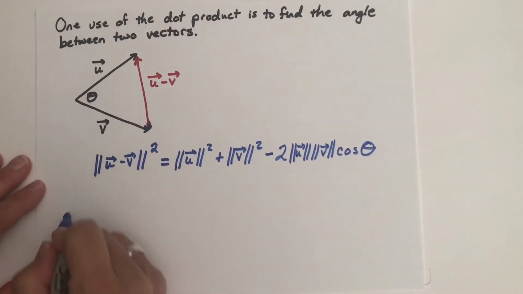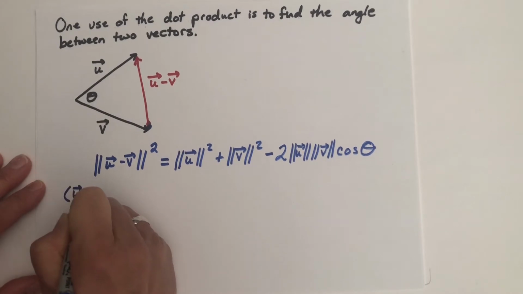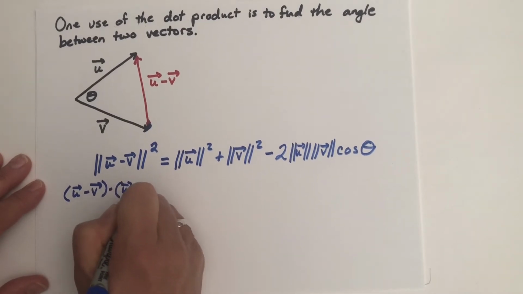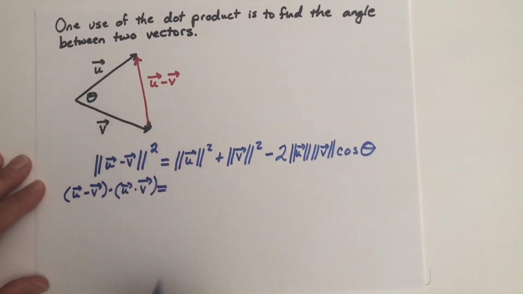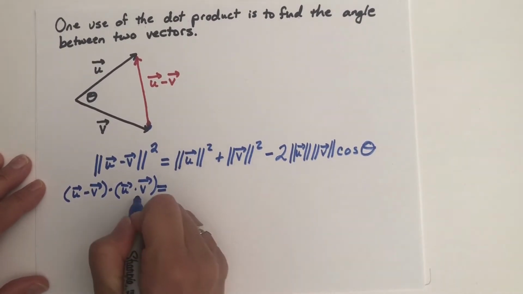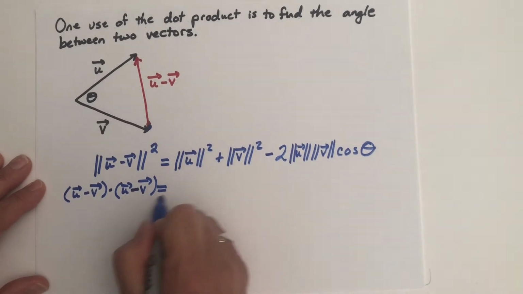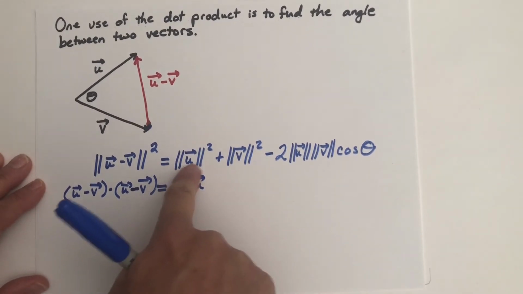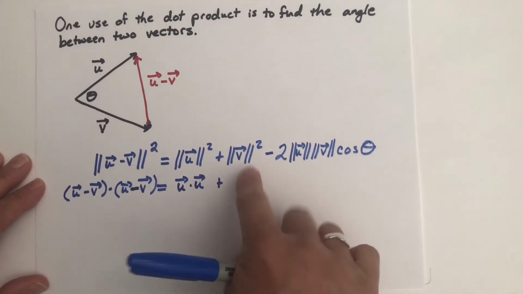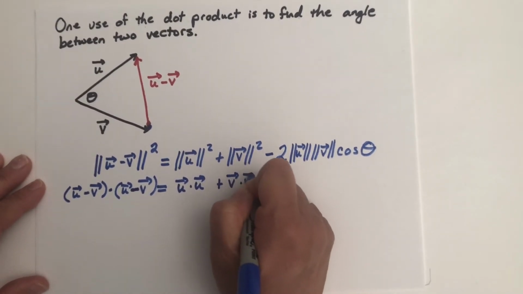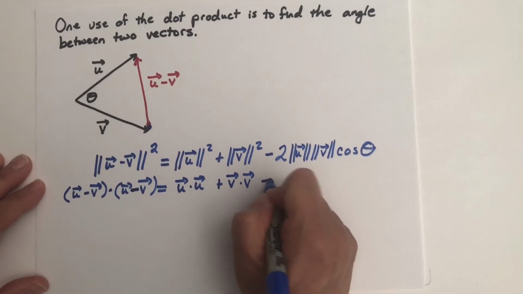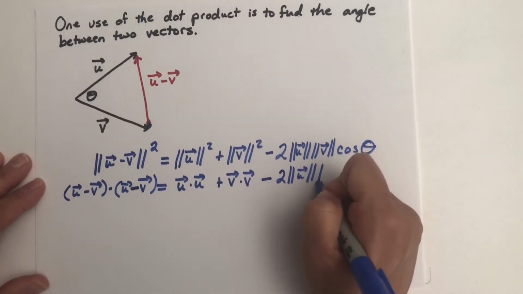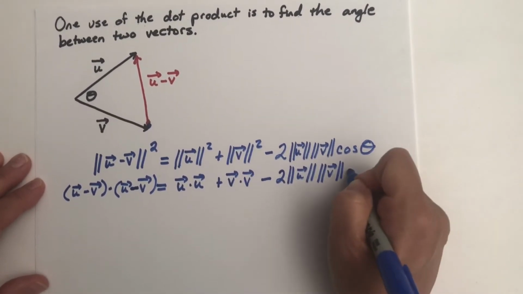So that means here we have u minus v dot u minus v equals u dot u for this magnitude squared, plus, here's another magnitude squared, v dot v, minus, and let's leave this alone, 2 times the magnitude of u times the magnitude of v times the cosine of theta.